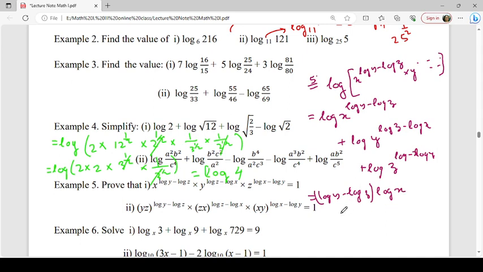Similarly plus log z minus log x, the second term, is the coefficient of log y. And for the third term, log x minus log y into log of z.